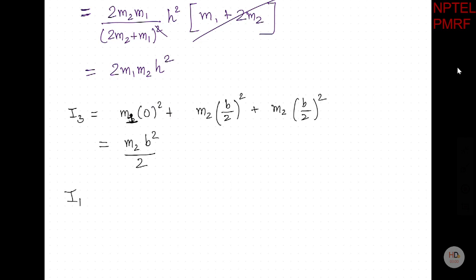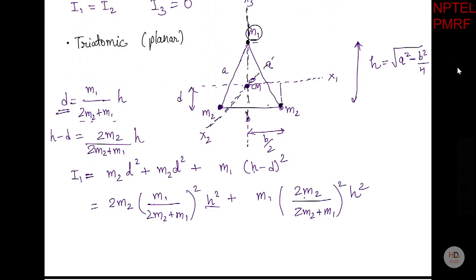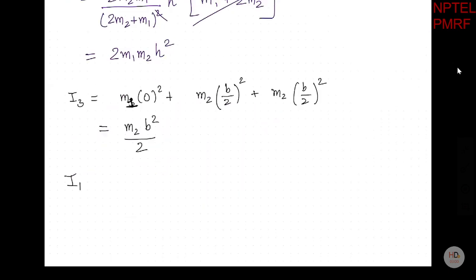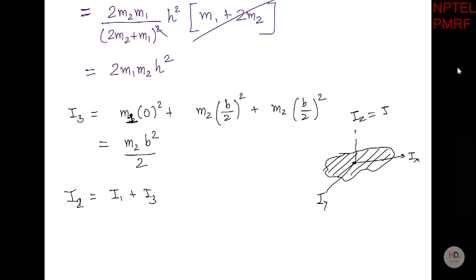And I2, sorry, the inertia along this axis can also be calculated directly, but we can use one important result or theorem, which is that it's equal to I1 plus I3. And why is it so? The theorem is that whenever you have a planar object, and if you have this as Ix and this as Iy, then your Iz would be the sum of Ix plus Iy, right?